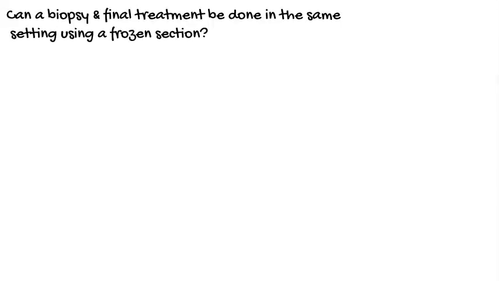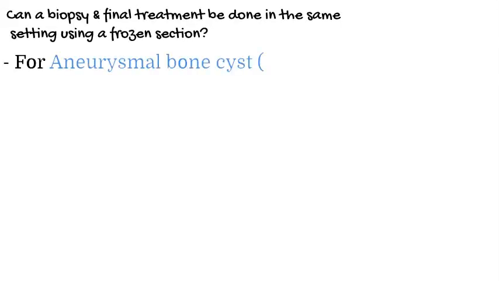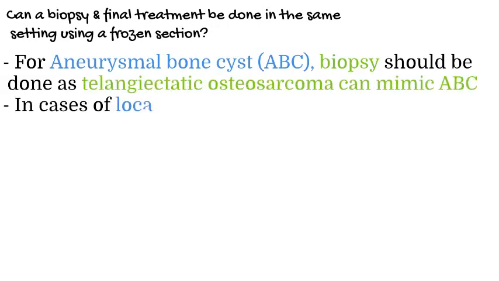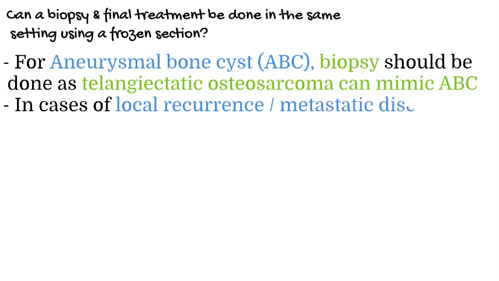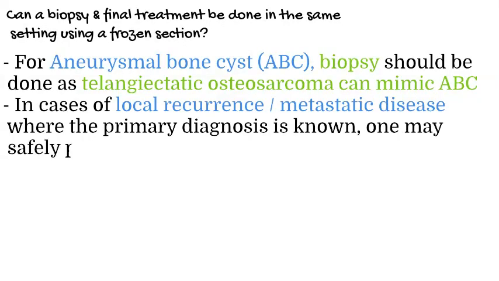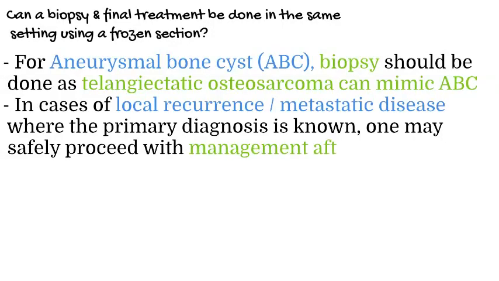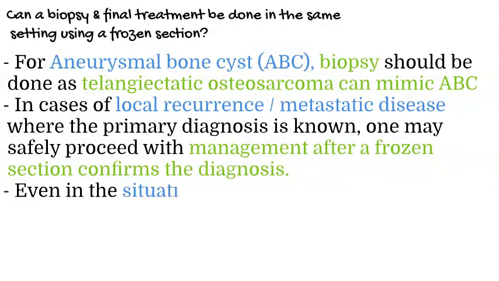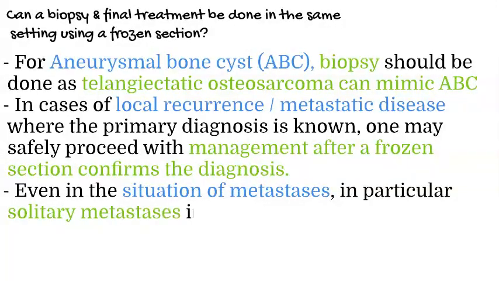For aneurysmal bone cysts, ABC, biopsy should be done as telangiectatic osteosarcoma can mimic ABC. In cases of local recurrence or metastatic disease where the primary diagnosis is known, one may safely proceed with management after a frozen section confirms the diagnosis.